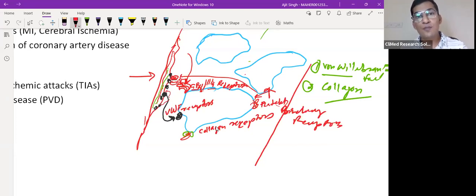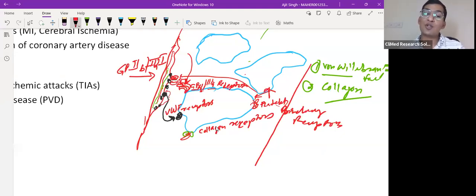This will prevent clot formation or plaque formation, or slow down the plaque formation. This is how these drugs work at this site, and that's how they prevent platelet aggregation.